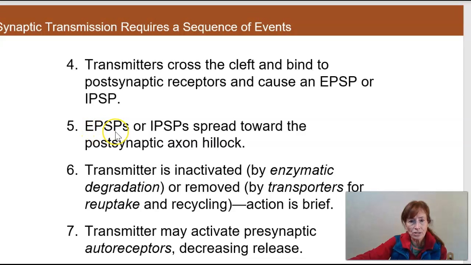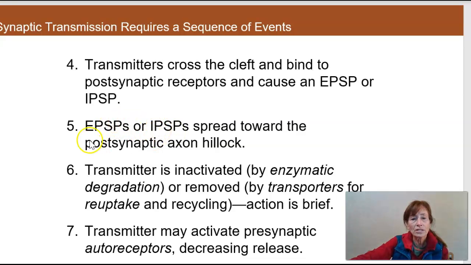Both of these are going to cause different ions to come in. We get depolarization of that next neuron in the case of EPSPs, or we could get inhibitory activity, so we'd have hyperpolarization.